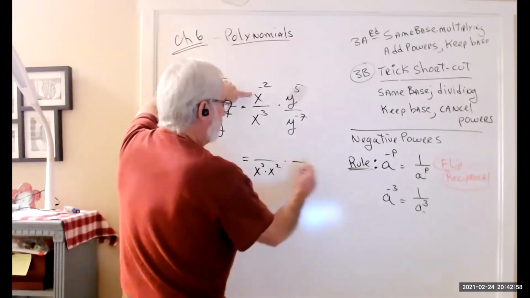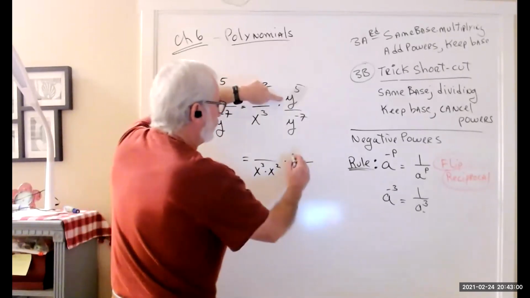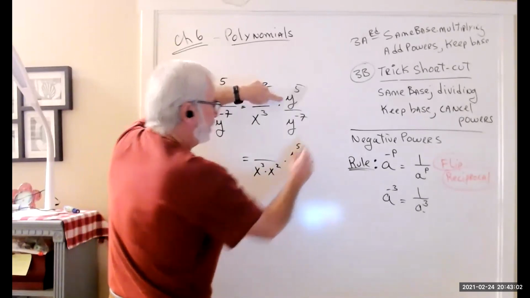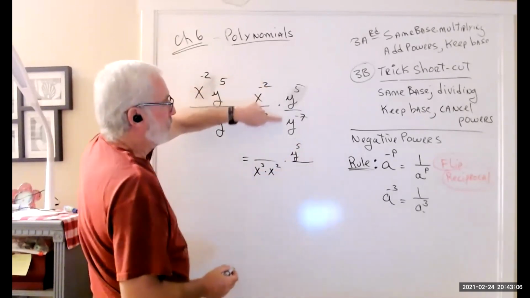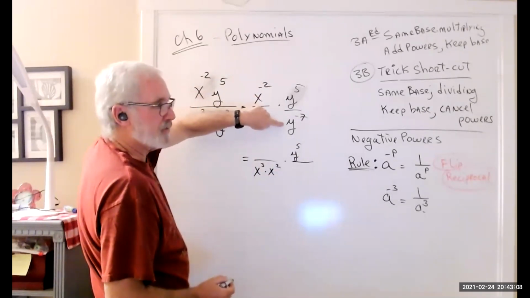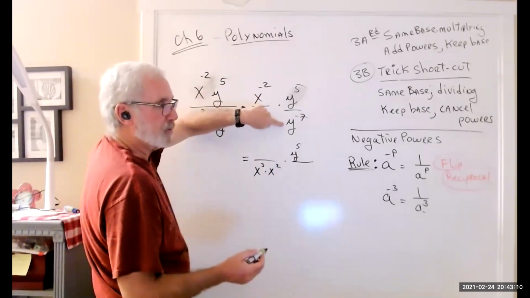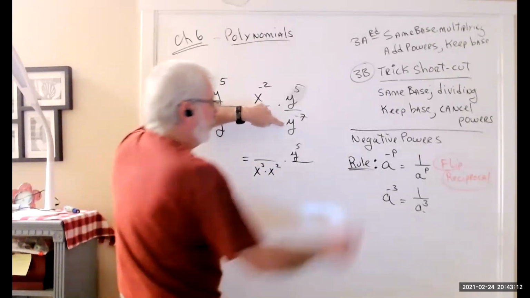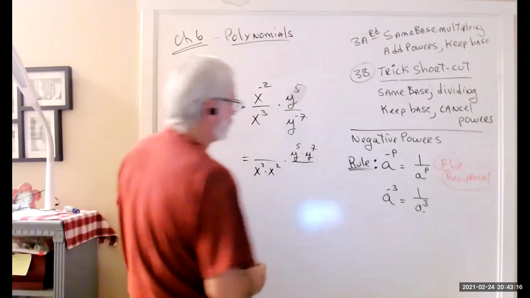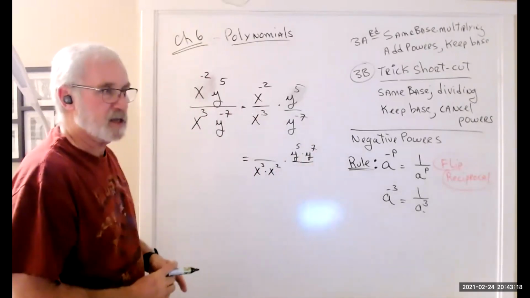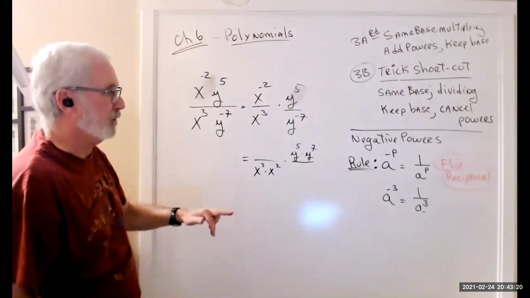Over here, y to the 5 is positive. It doesn't flip. But y to the -7 does flip because it's negative. So the only place it can flip is up. And notice when it flips, it turns from negative to positive.